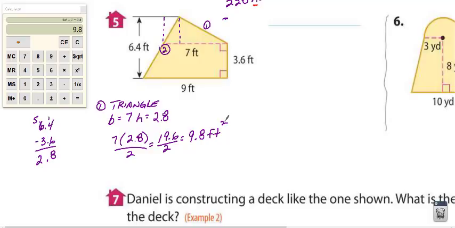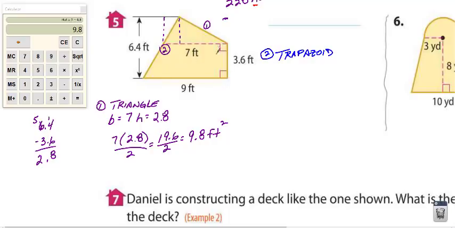All right, now my trapezoid. So trapezoids require the most complicated formula, but once you use it a couple times, you can do this. It's not outside of your ability. So number 2, that shape is a trapezoid. The thing that tells us it's a trapezoid is it has these 2 sides that are parallel. So this where the 7 feet is marked and where the 9 feet is marked. Those are parallel.